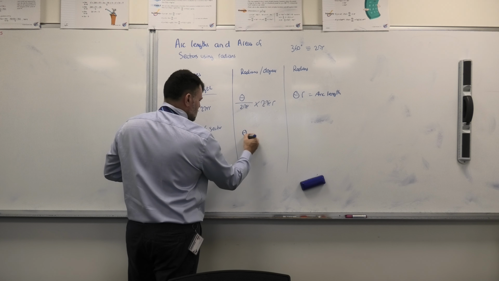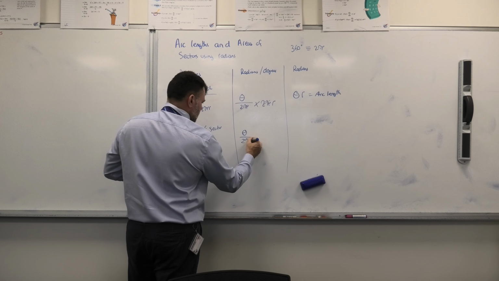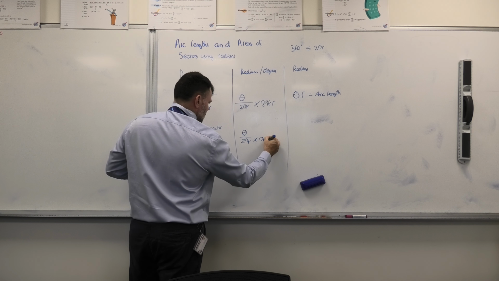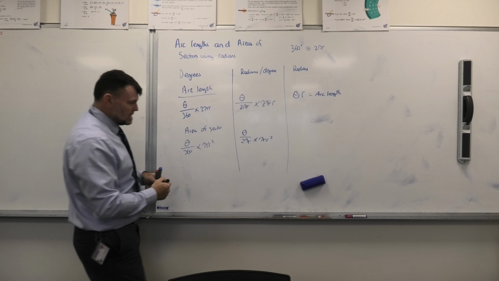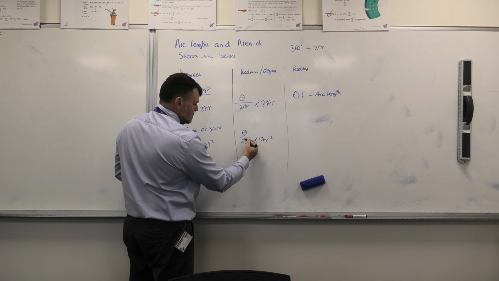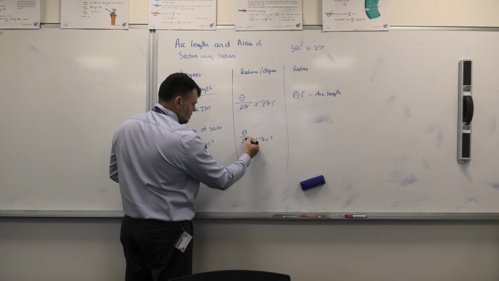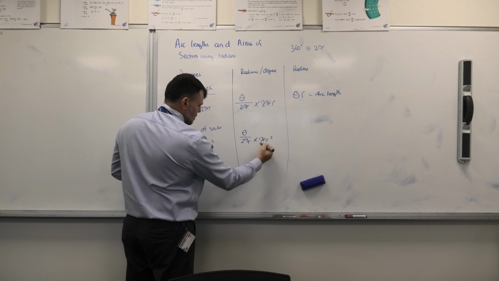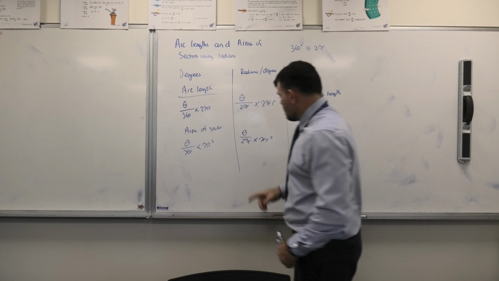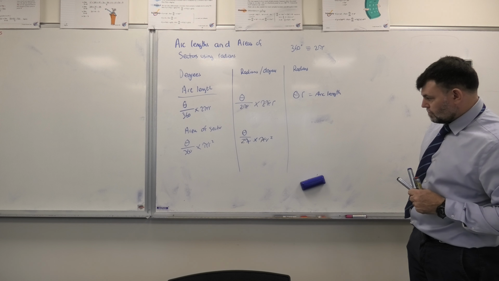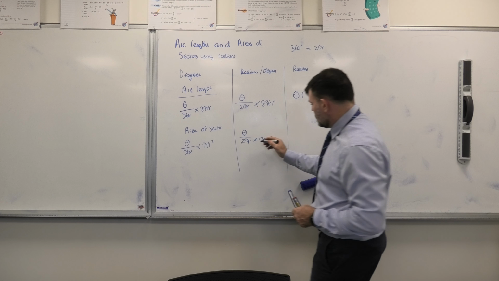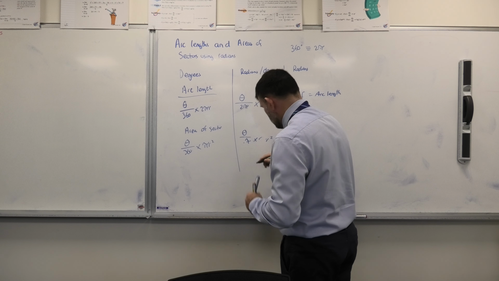So it's just going to be theta over 2 pi times pi r squared. Again, if we do the same process, we can get rid of 1 pi. So we've got theta, and actually we'll get rid of the wrong one.